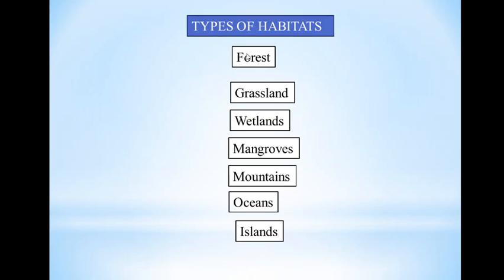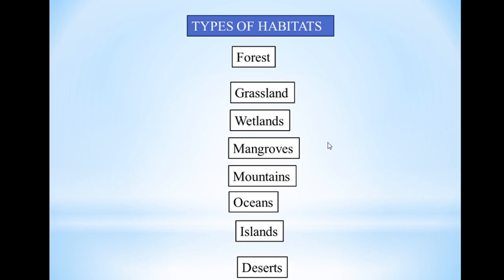And the forest, especially the tropical rainforest, has 50% of the world's biodiversity, and we are losing that forest today. One such forest we have in India is the Western Ghats. In parts of the Western Ghats we have rainforest, and the Amazon is one example of that rainforest.